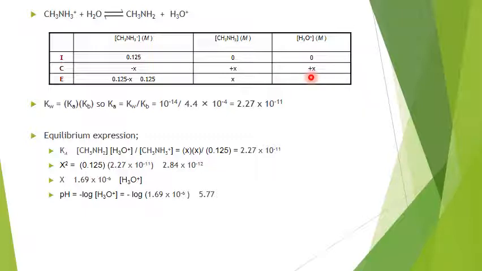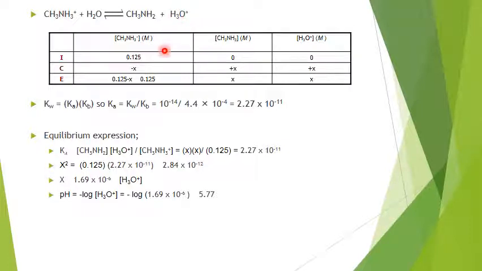Now we're given the base ionization constant, but the table is set up to find H, or H3O plus.